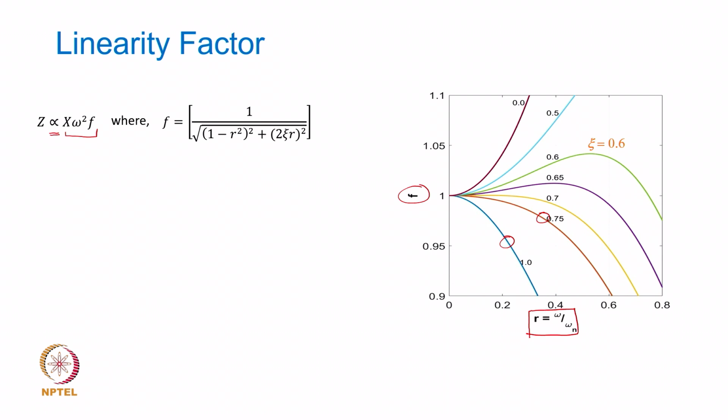But here what we are trying to draw is the variation. So, this is a sort of a zoomed region. We are focusing on the very low values of these ratios, okay, and high level of damping.